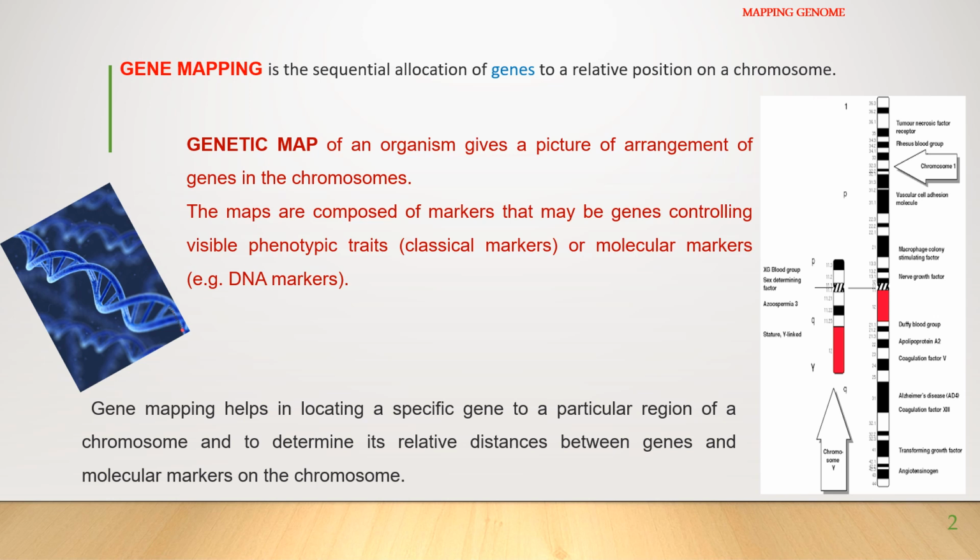In some cases, the gene itself is used as a marker. Gene mapping helps in locating a specific gene to a particular region in the chromosome and determining the relative distances between the genes and the molecular markers used.